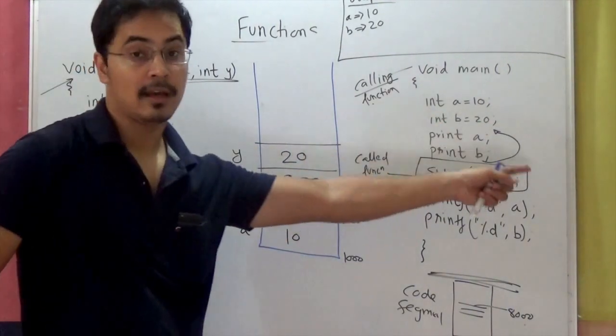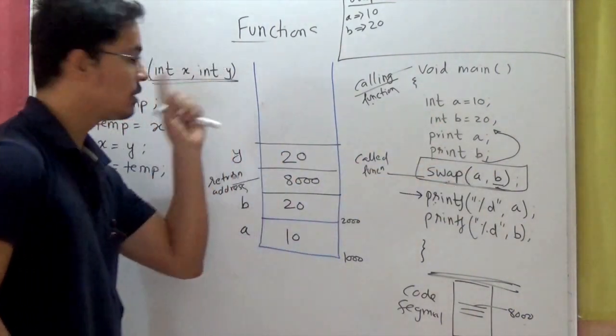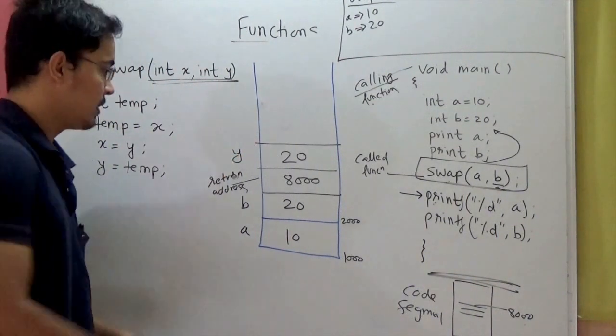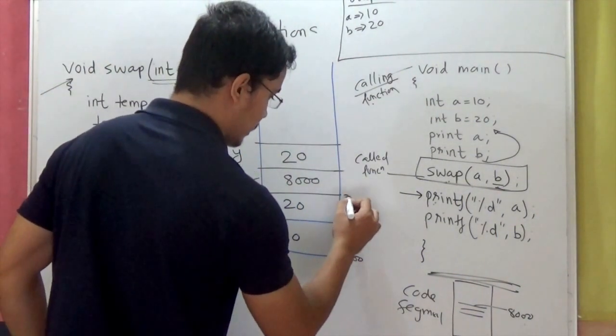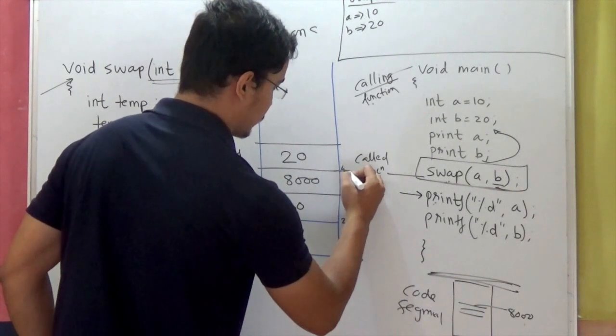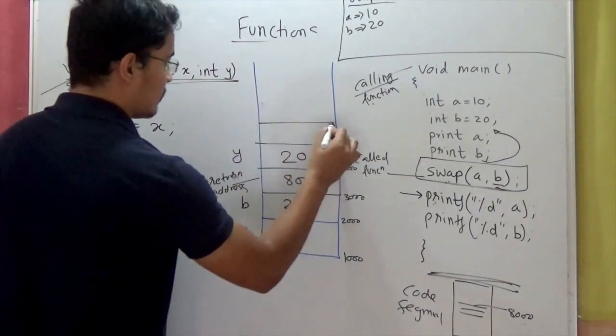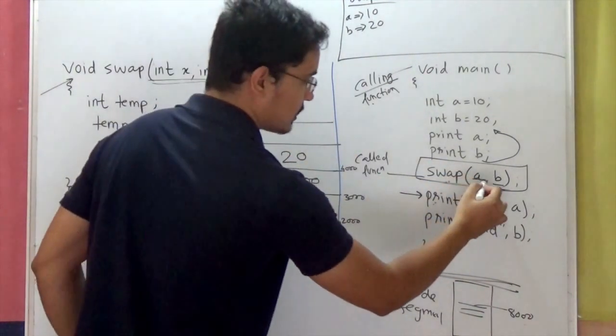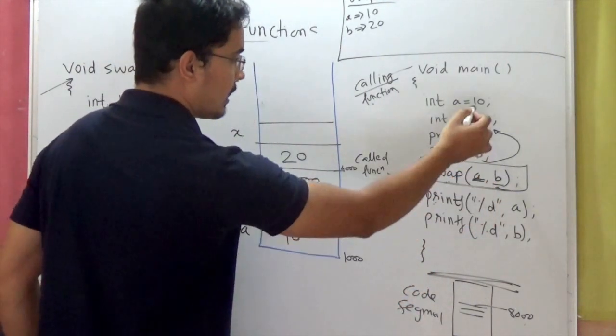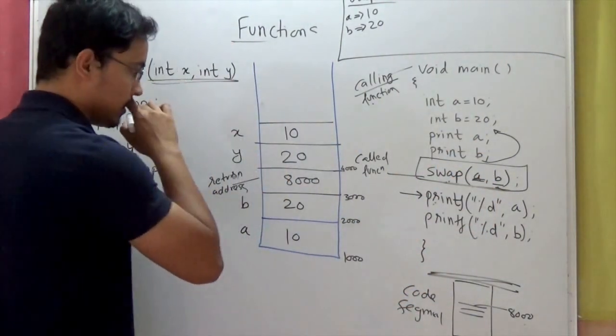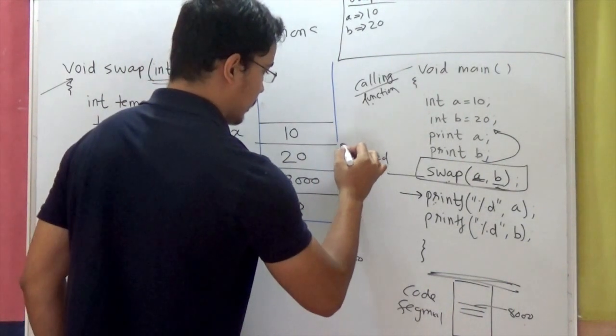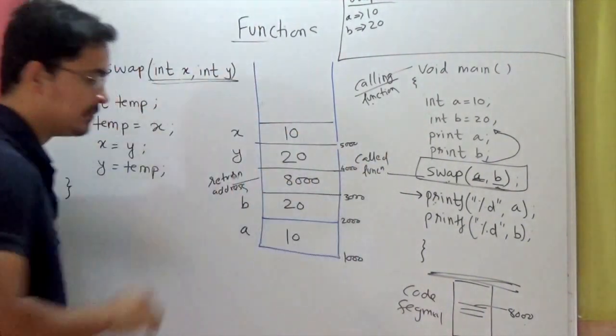This is passed by value. You are passing some values to the function arguments. So y is 20, again this will have some address, let's say 4000, and then x is being passed as a, which is 10, so x is also created. Let's say this address is 5000.